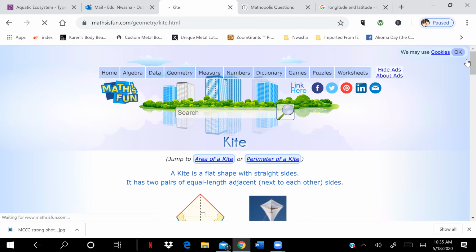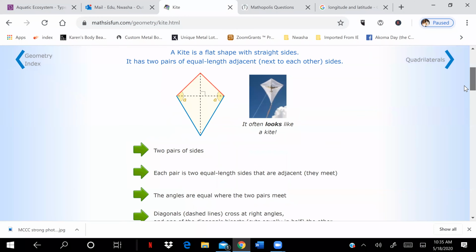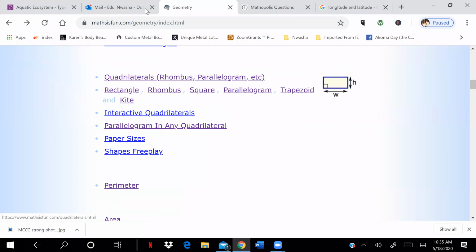A kite is also kind of like a diamond, except that there's a shorter part typically. They're not all equal sides. So it still has 4 straight sides, but 2 pair are equal to each other. So most people do know those 2 shapes, like a diamond and a kite, the difference between those 2. But again, you can take a look at those just for some extra shapes that we skipped over in geometry.